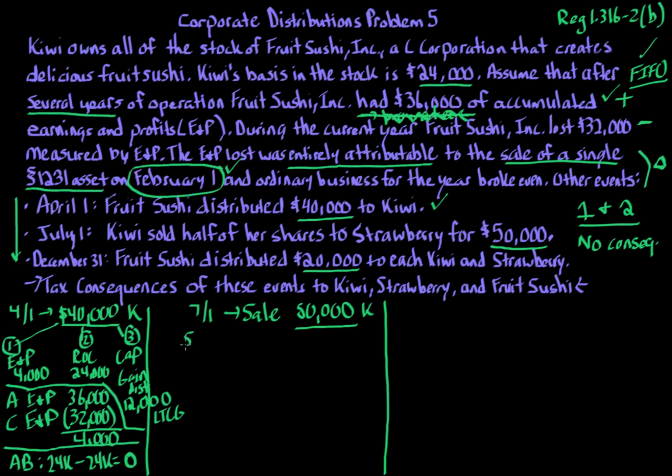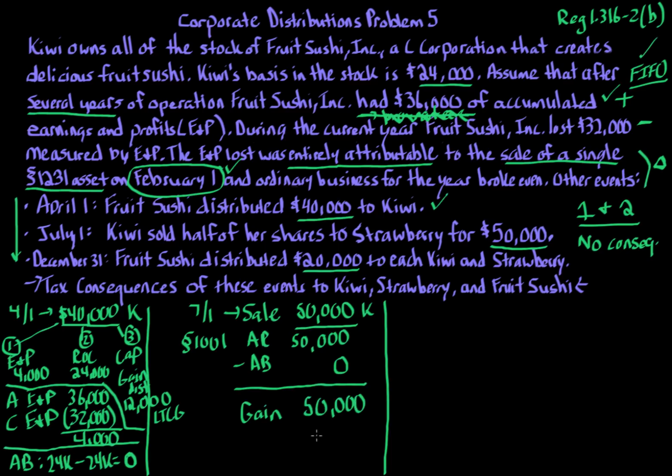Remember, whenever we sell, we have to worry about Section 1001. The amount realized minus the adjusted basis. Amount realized is what Kiwi got. Kiwi got $50,000 in cash minus the basis. We have to take that $24,000 basis, but after April 1st, so that's 0. It went down to 0. So that means there's a realized and recognized gain of $50,000.